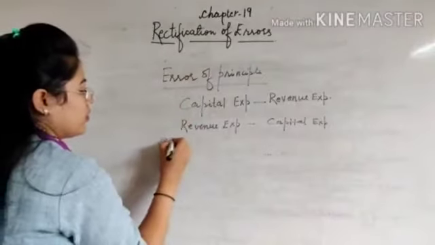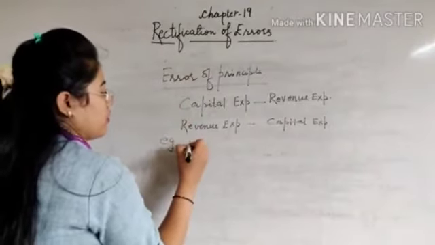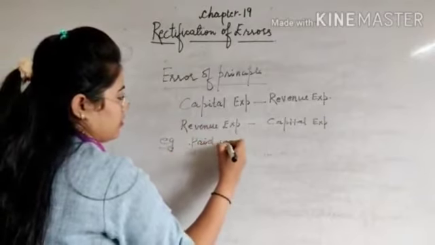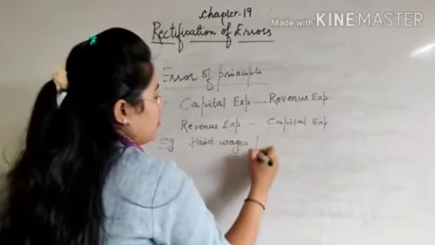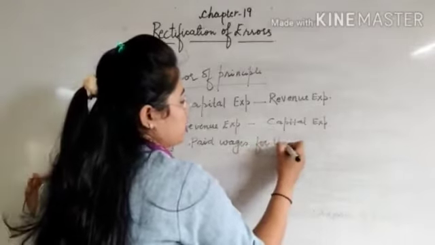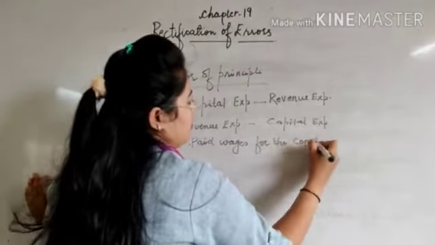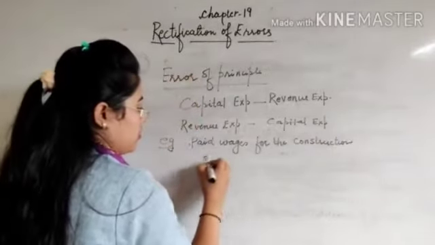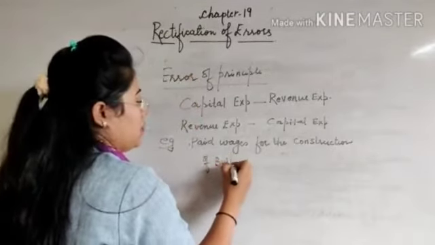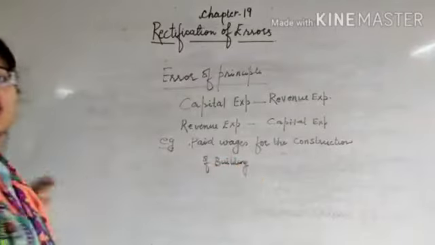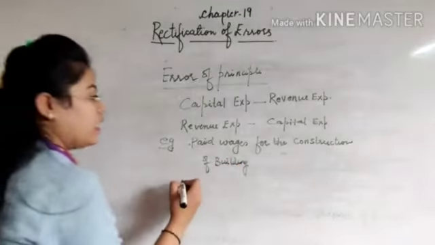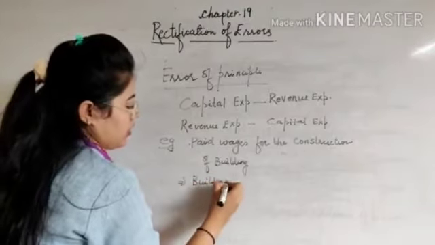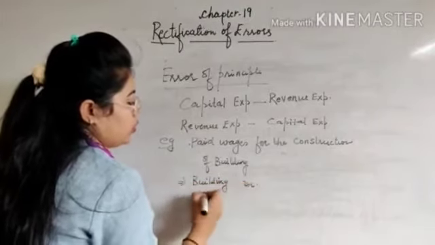Suppose we paid wages for the construction of a building. Paid wages for the construction of a building means the entry will be building debit to cash.